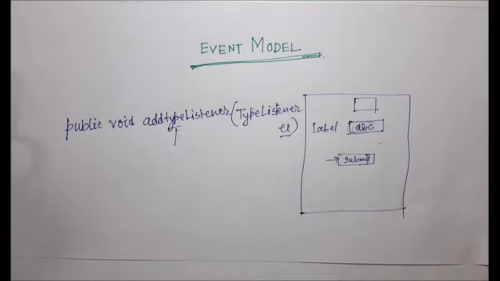And what is a listener actually? A listener is an object that is notified when an event occurs. So three things we have to remember. First, what does an event mean? What is the source of this event, and what is the name of the listener? A listener is an object also, but it is notified when an event occurs.